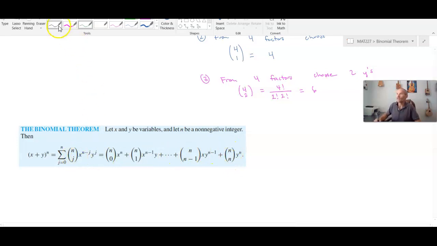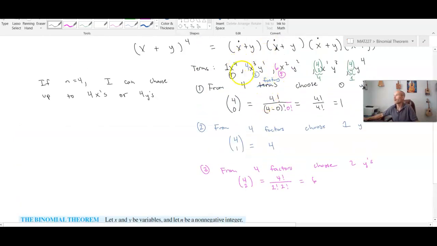And the way these are written is to say that when j is 0, that means we just have x to the n, y to the 0, which is just 1, and that's why no y appears here. For the second term, well, now we'll have n choose 1, j is 1, x to the n minus 1, and then y to the j, so in this case j is 1, so that really corresponds to what we had up here as this x cubed y to the first term.